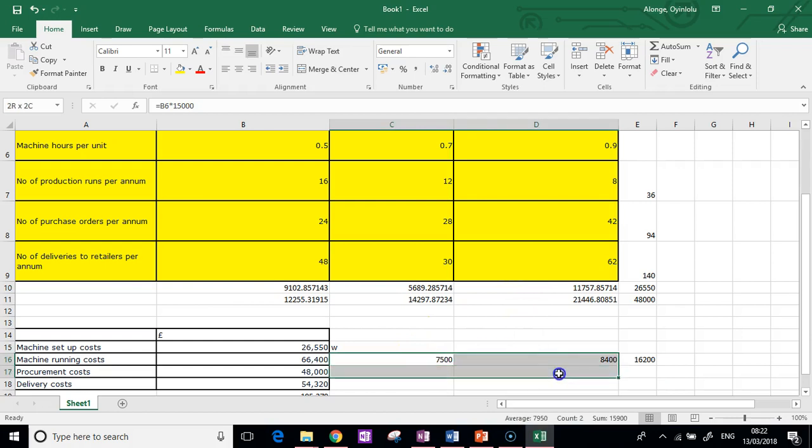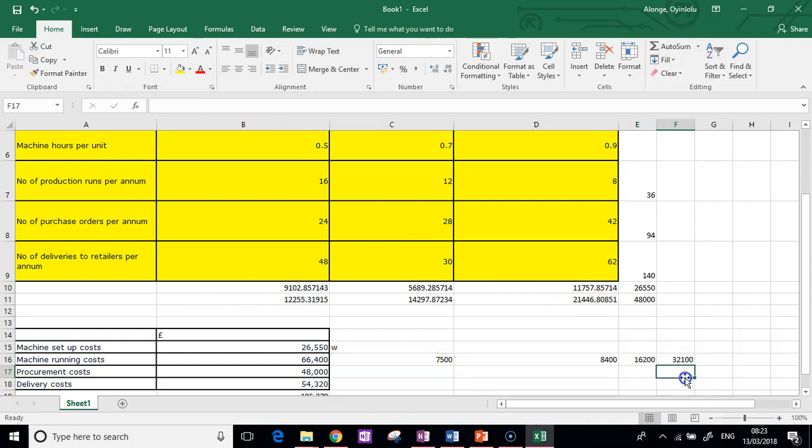So I have the total number of hours. Here we are, 32,100. So I'm saying that 32,100 hours have generated machine running costs, and I literally want to split this 66,400 in the ratio of this to this to this.